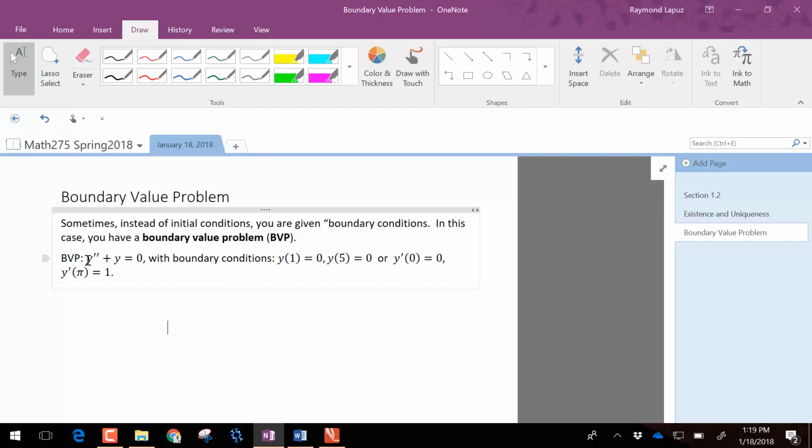So sometimes we have that spring problem that we're going to dive into later on, where you can see this thing oscillating, and then it has information not about what happens at the very beginning, but maybe the position in the beginning and the position at the end, or the derivative at the beginning, the derivative at the end. So those are possibilities to describe what's called a boundary condition. So boundary conditions are conditions given on two separate points.